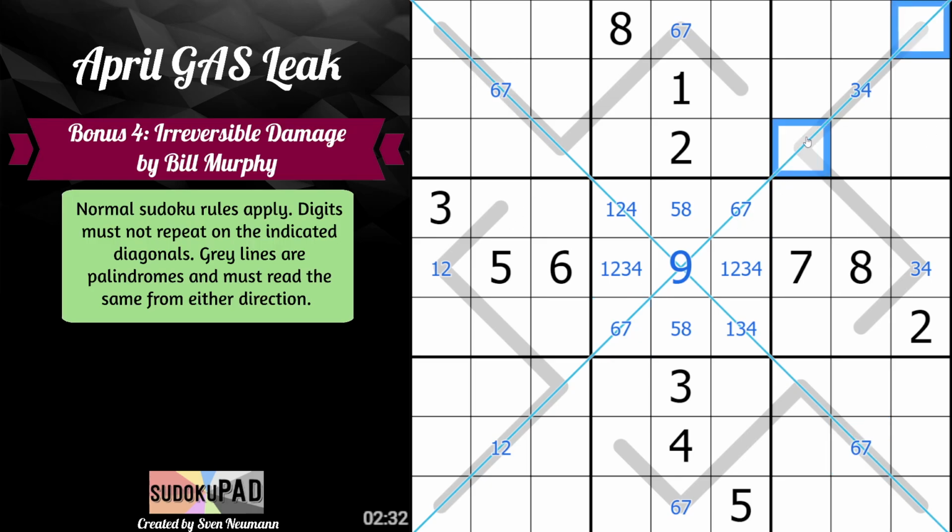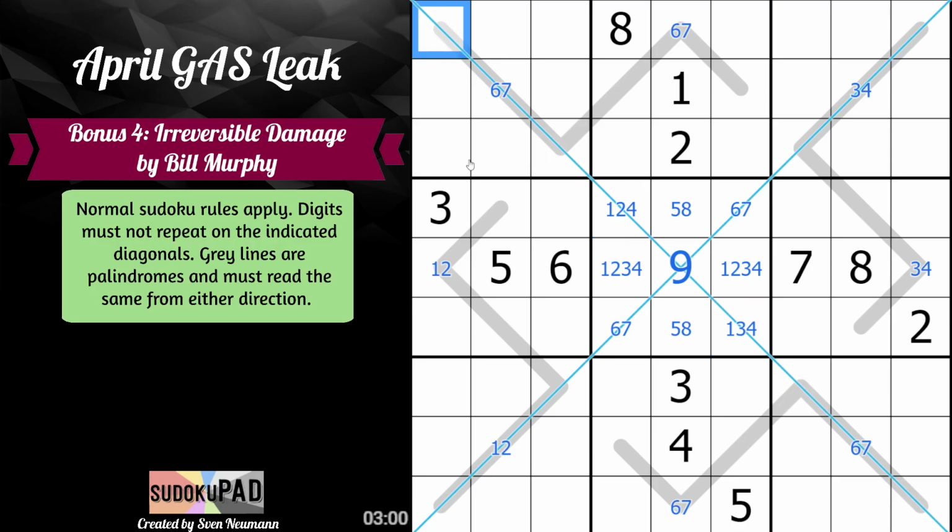Feels like a lot of pencil marking. I don't know if I like that. Maybe it's worth it because I see like 1 to 8 here. It might be worth it. Actually, wait a second. What did I say? Sorry. 1, 2, 3, 4, 5, 8, right?